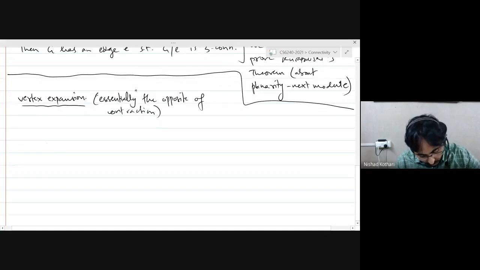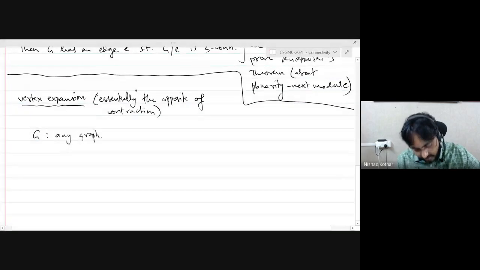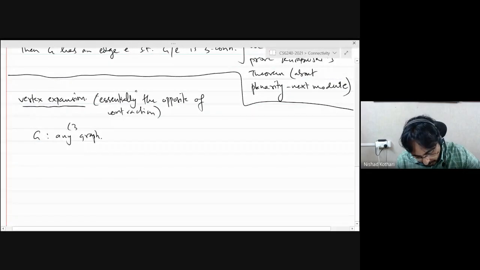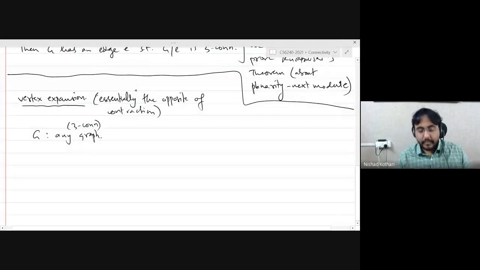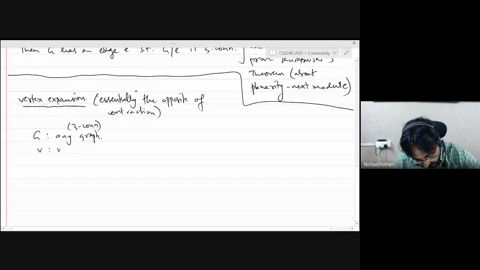So supposing G is any graph, although we only care to apply this to three connected graphs. And let's say V is a vertex of degree at least 4.